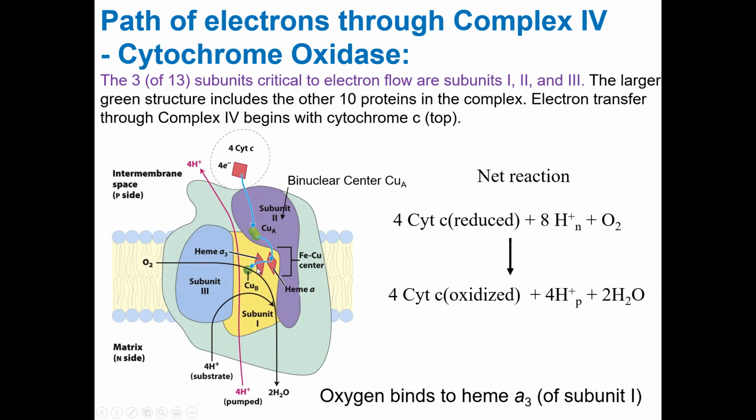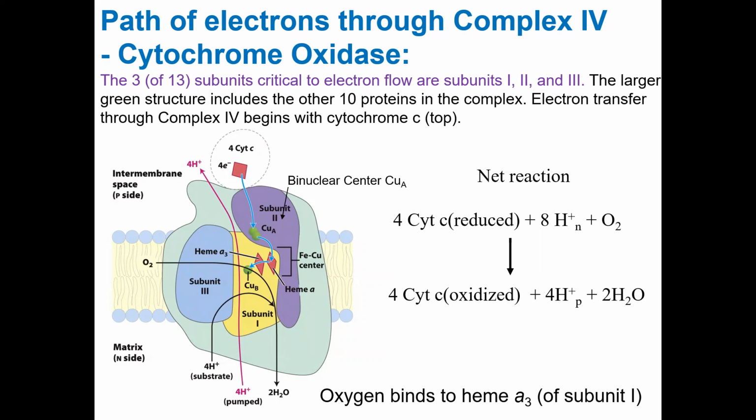And then once molecular oxygen binds, 2 electrons are transferred to it, and you form this peroxy derivative, which is O2 with 2 negative charges on it. So molecular oxygen gets reduced to this peroxy derivative, O2 2-. It's not shown here, but that's what happens.